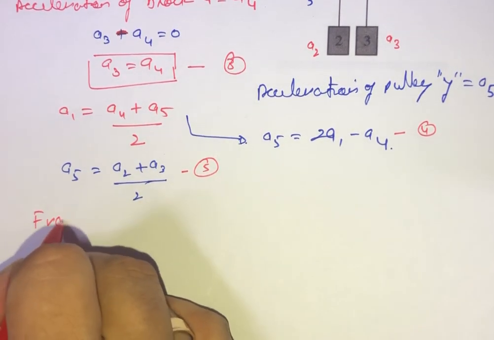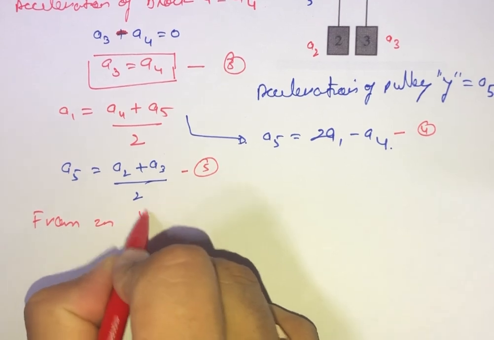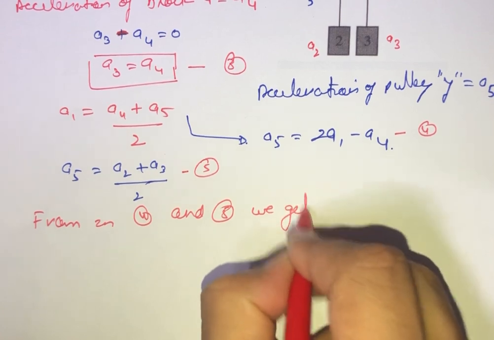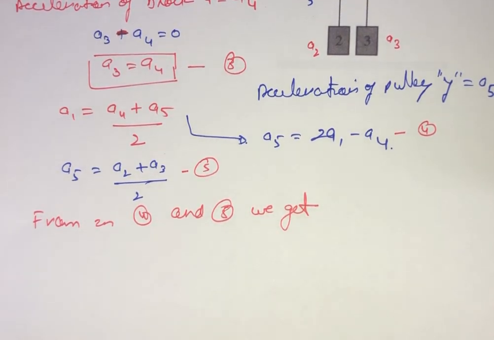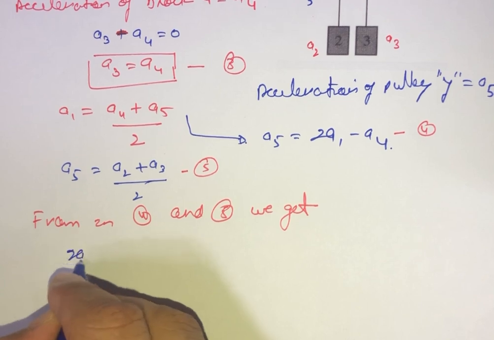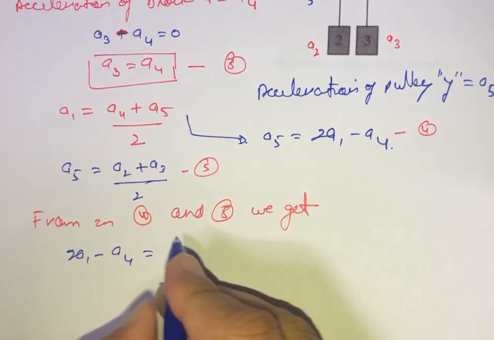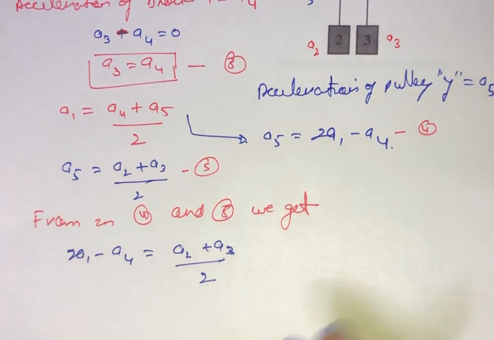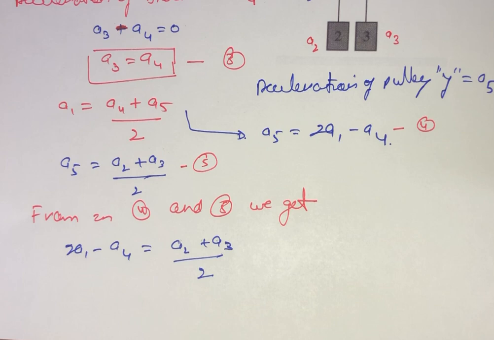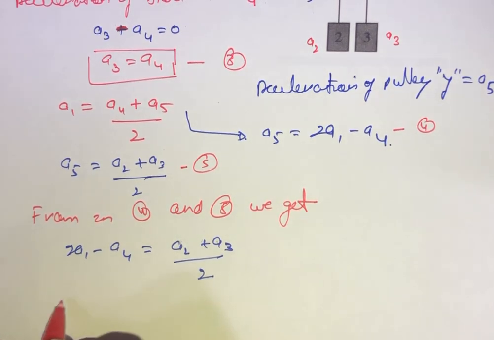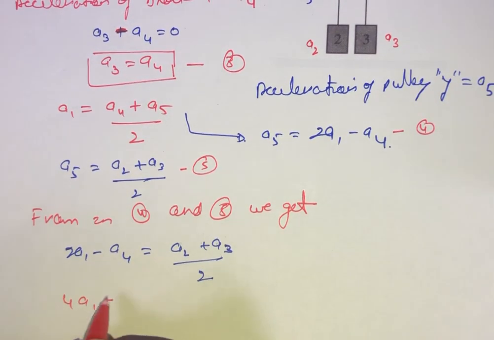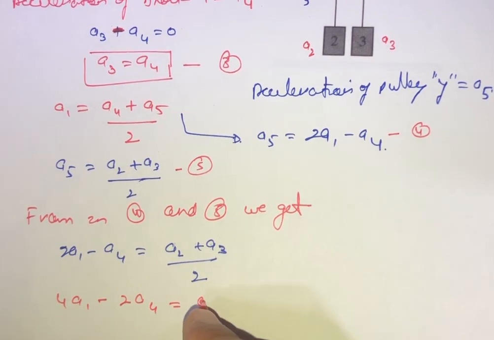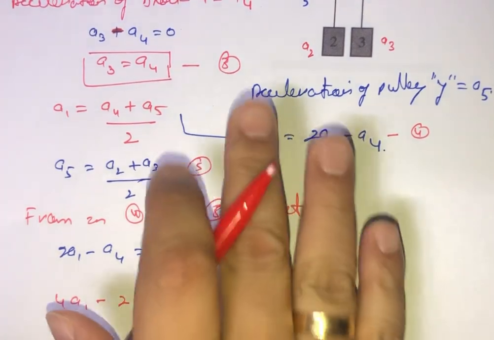So from equation 4 and 5 we get twice a1 minus a4 is equal to a2 plus a3 divided by 2. This can be written as 4 times a1 minus 2 times a4 is equal to a2 plus a3.